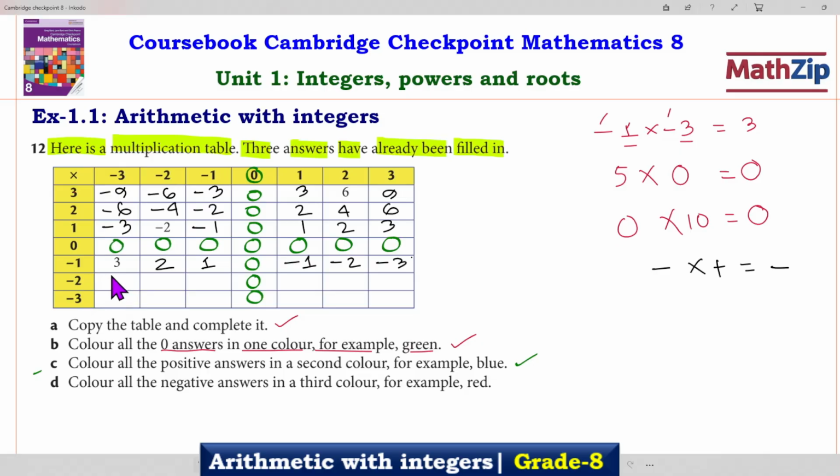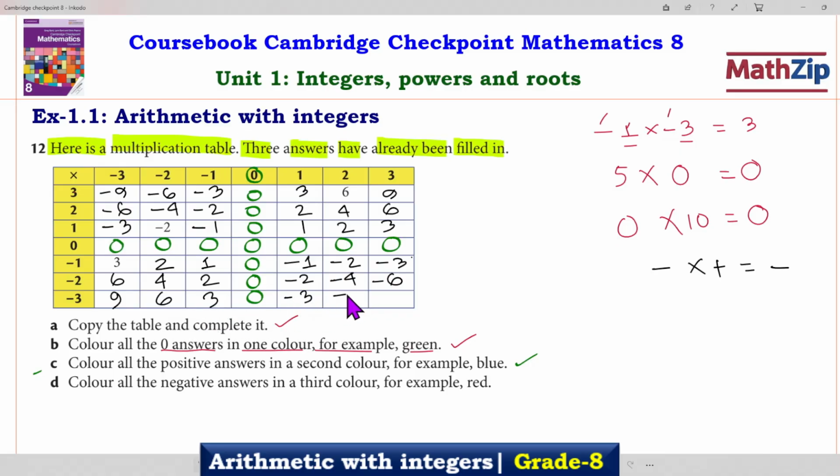So here is +6, +4, +2, right? And here is -2, -4 and -6, right? What next? Here is -3 times -3, it will be +9, here +6, +3, and here -3, -6 and -9.